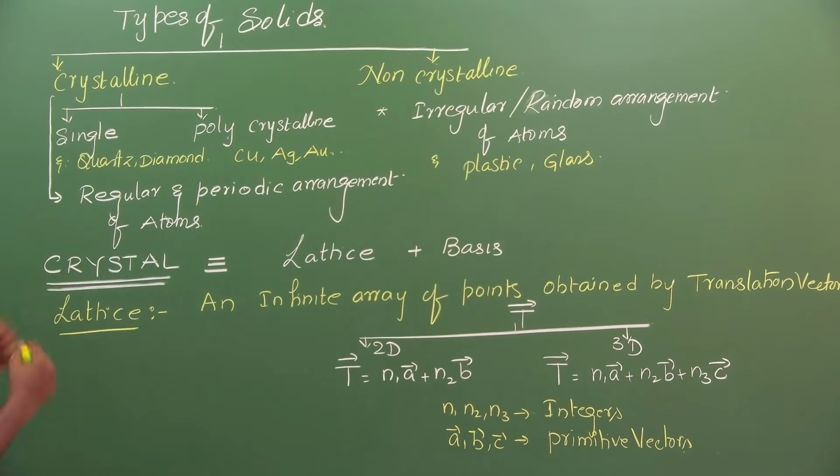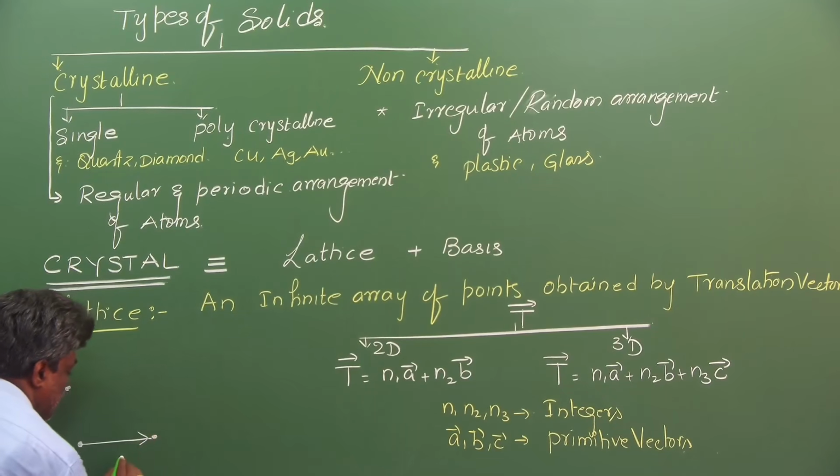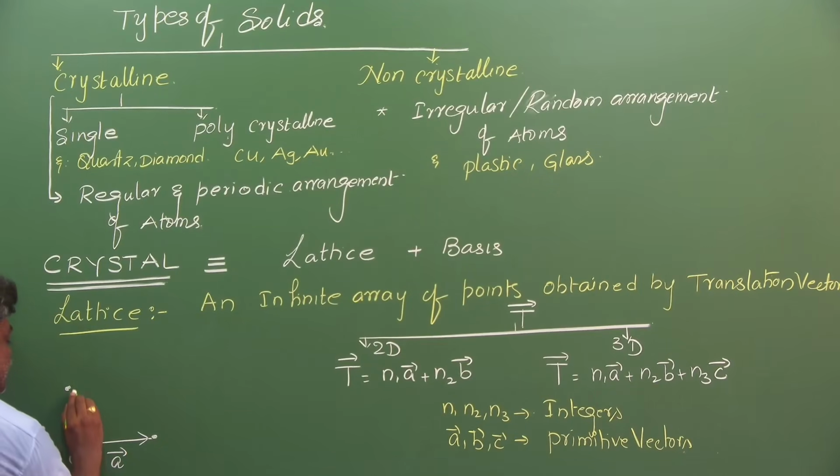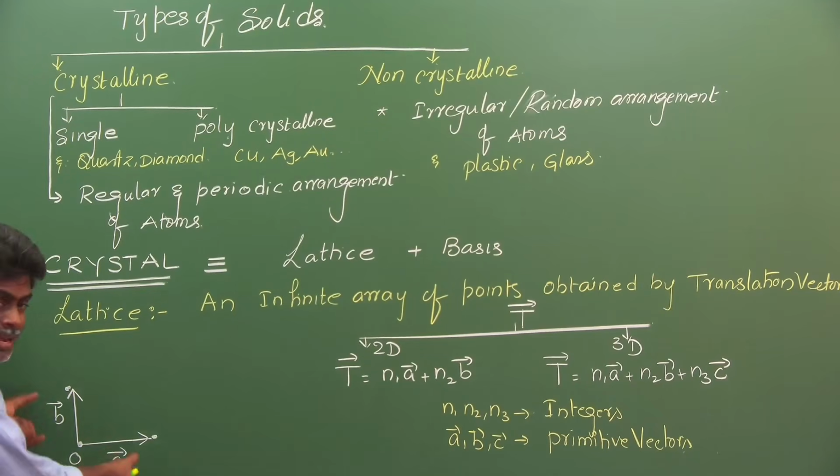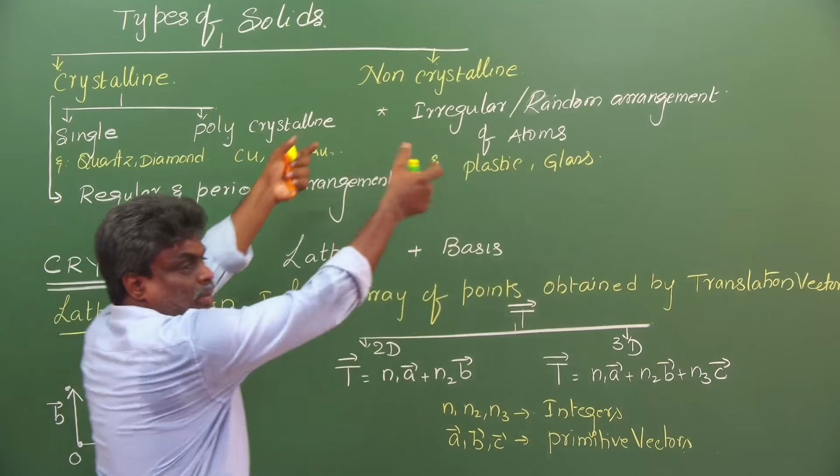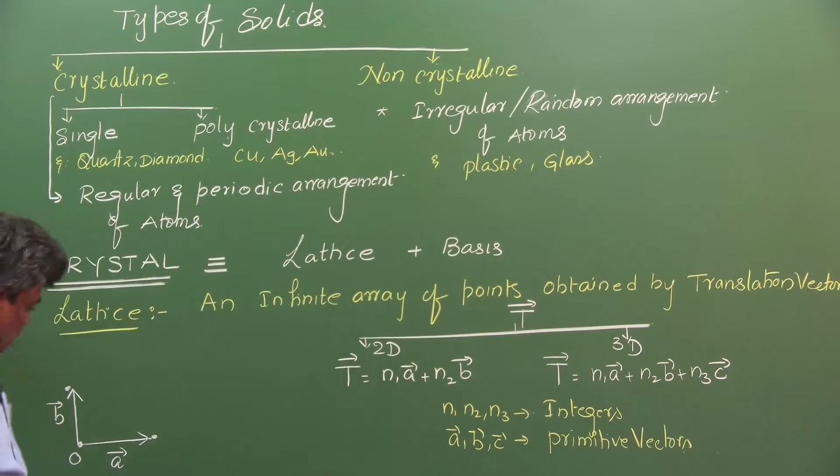Now how will we get the points? I will explain with a small example. Are you listening? All of you please see the board. This is my origin, 0, 0. Now I am placing this point, and one more point here. Let us suppose this is a primitive vector A bar. First we have to define a primitive vector. Next I am defining another primitive vector B bar. With the help of these 2 primitive vectors, I am going to get all the points in the space. For example, I want to get this point.